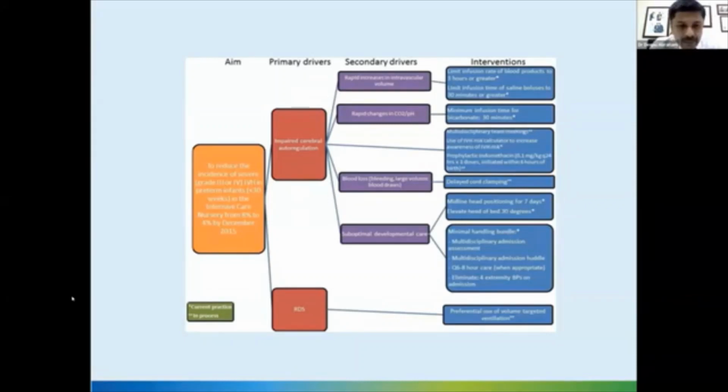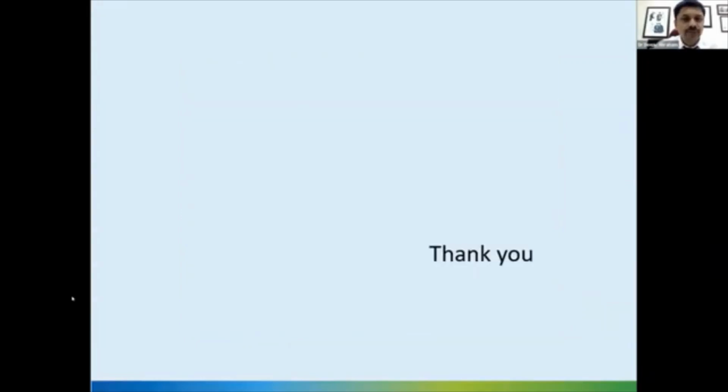And in RDS, preferring targeted volume guaranteed ventilation, which will help us decrease those sudden changes in CO2. So that is a very brief overview of the prevention of IVH. I will have a quick look at the Q&As.